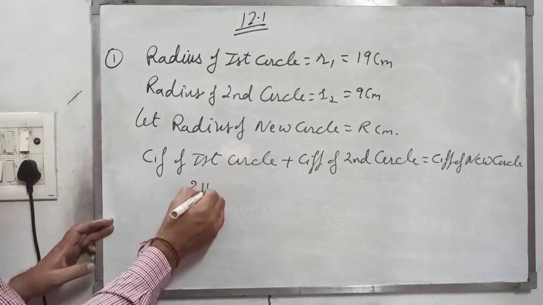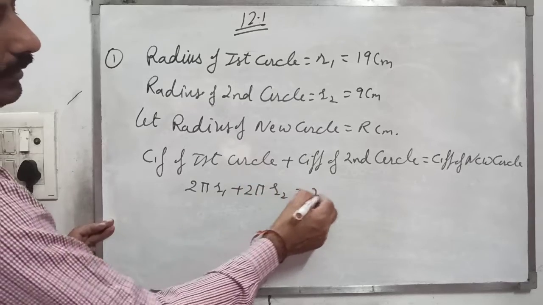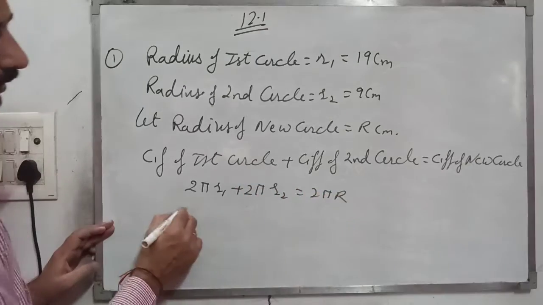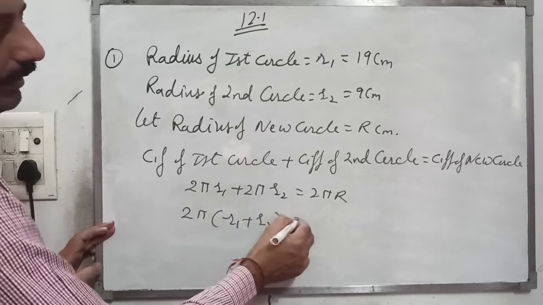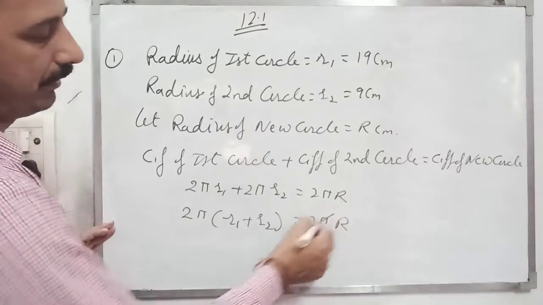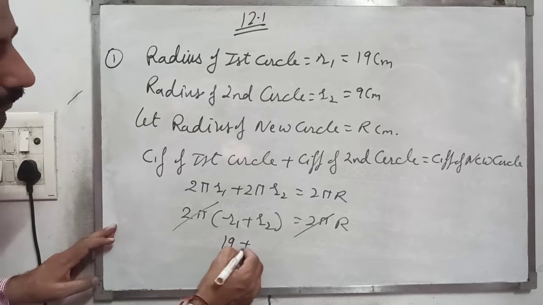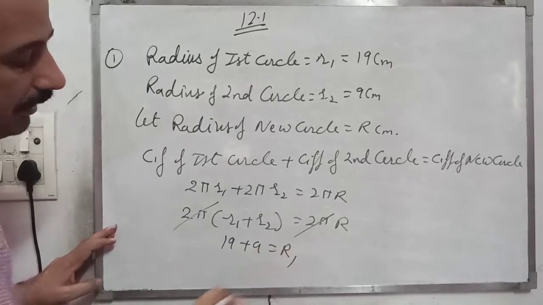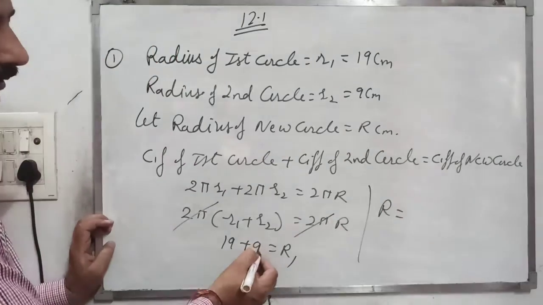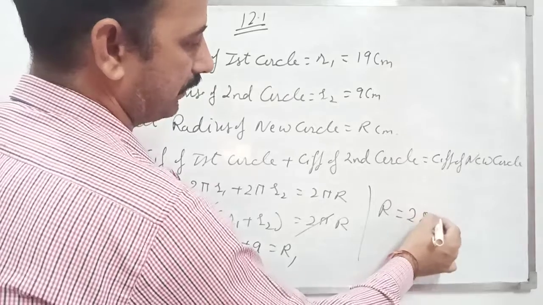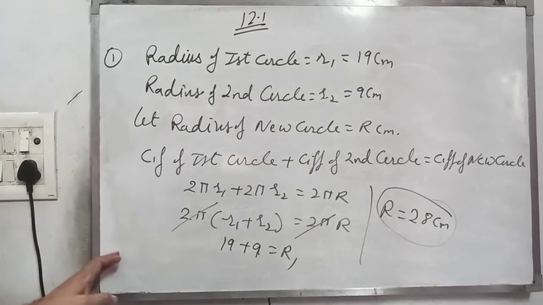So 2 pi r1 plus 2 pi r2 equals 2 pi r. 2 pi is common, so 2 pi times r1 plus r2 equals 2 pi r. 2 pi cancels with 2 pi, you get 19 plus 9 equal to r. So r equals 28 centimeter.